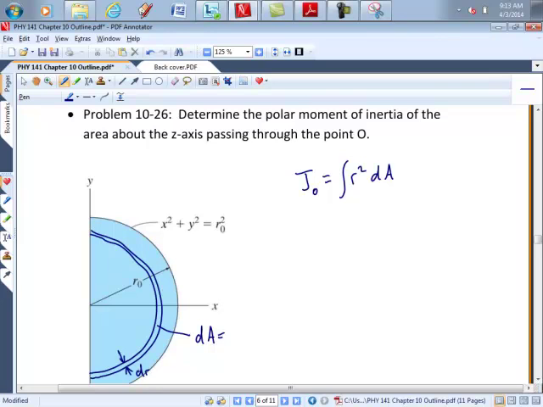It's going to have a width of dr and a length of pi r. The full circle would be 2 pi r, but we only have half a circle. So the length is pi r, and the width is dr. Pi r dr.